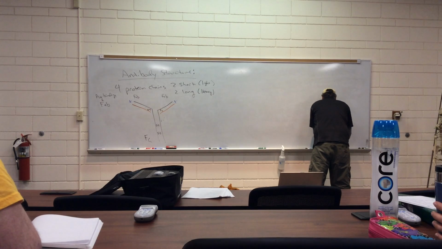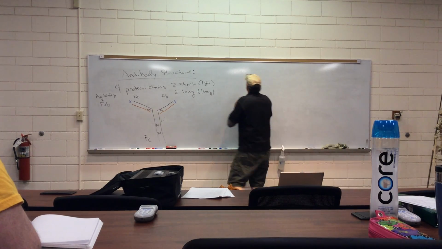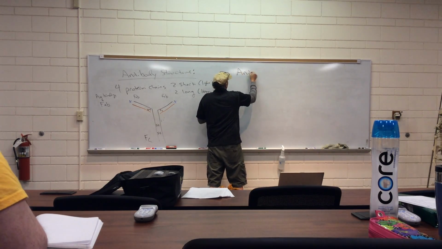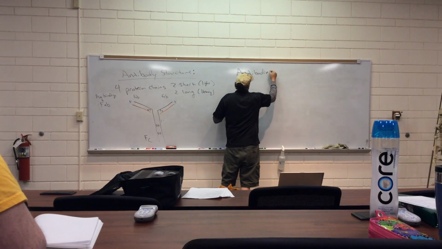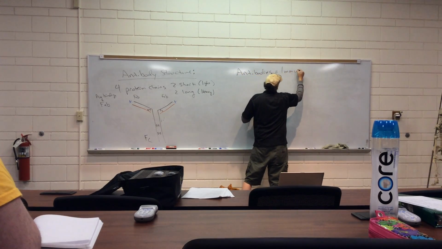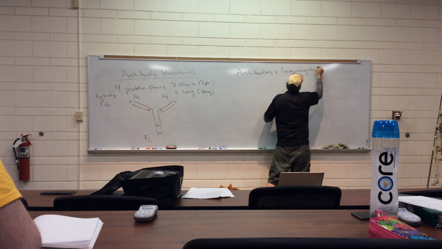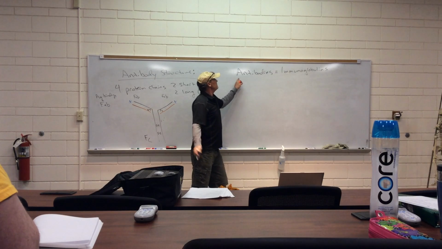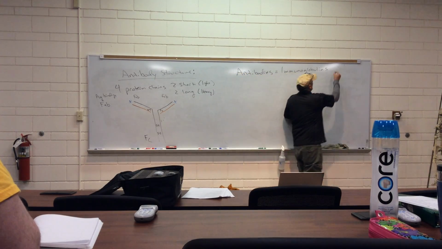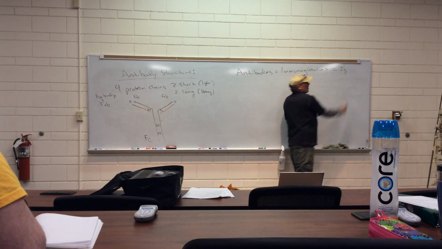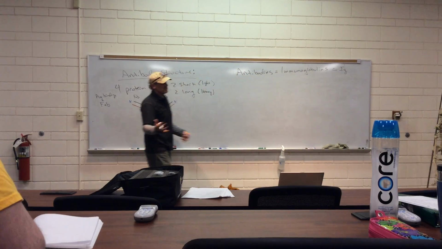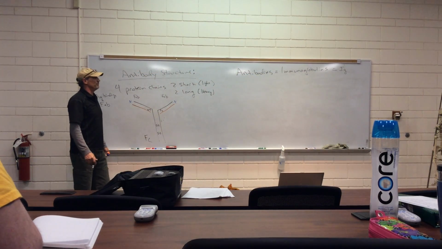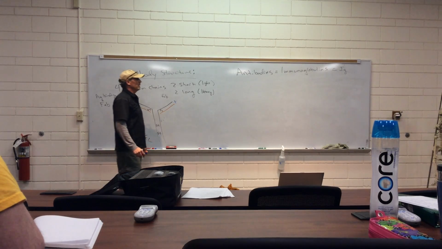The other term for antibodies, the true term, is immunoglobulins. So sometimes you see antibodies called Ig or immunoglobulin molecules. They're just synonymous with one another. One's no different than the other.